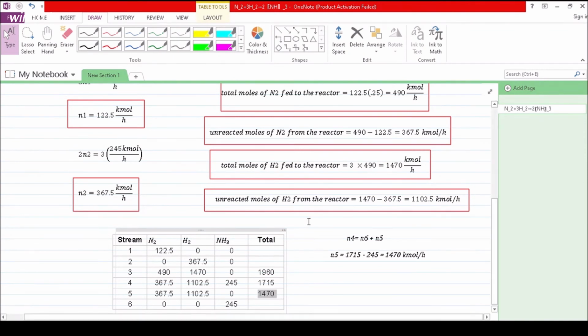So we just need to multiply it by the composition or the conversion of the gases as stated in the problem, which is 25% for nitrogen, and the remaining 75% for hydrogen.